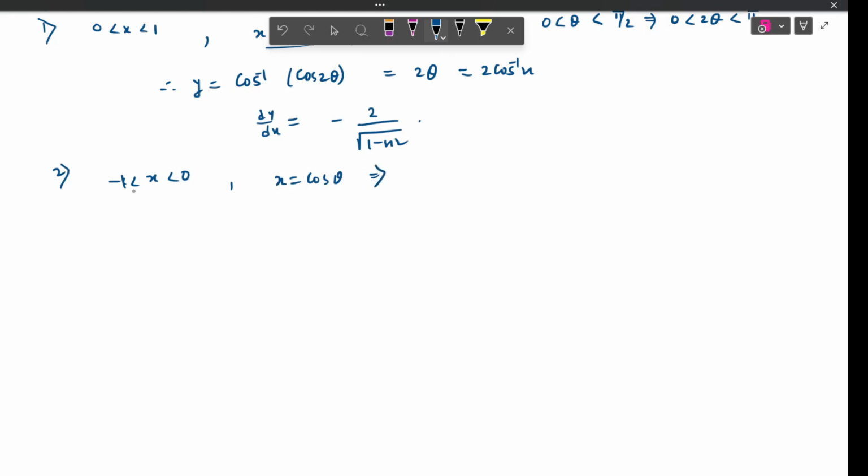This implies x is minus 1 to 0. That means cos theta will vary from minus 1 to 0.